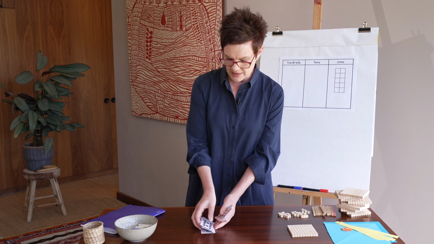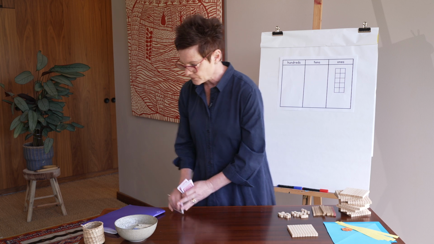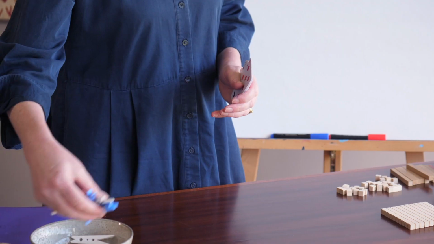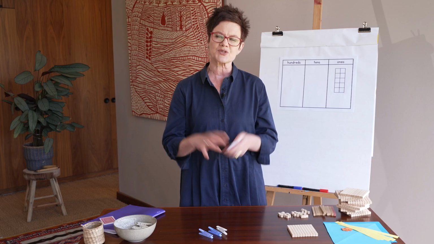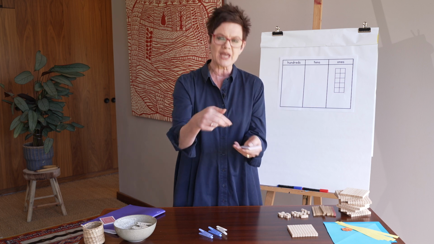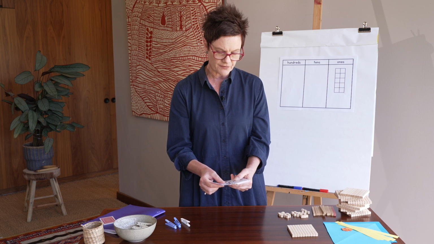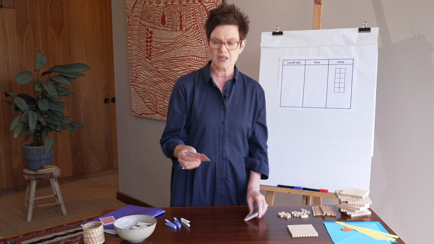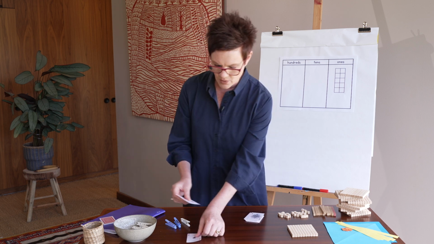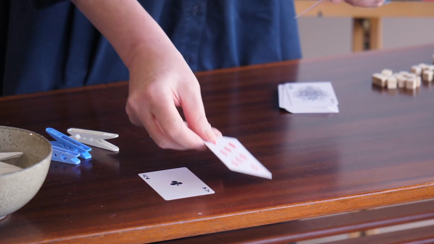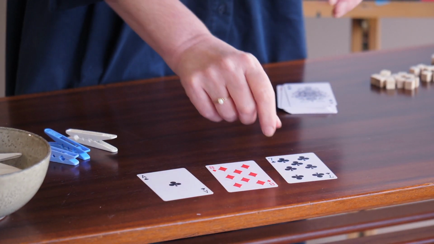I'll pop away these ones. And I'm going to grab 3 pegs because I'm going to grab some numbers and peg them together. So let's start by finding our numbers. Here I have 1 as an ace, an 8 and a 7.